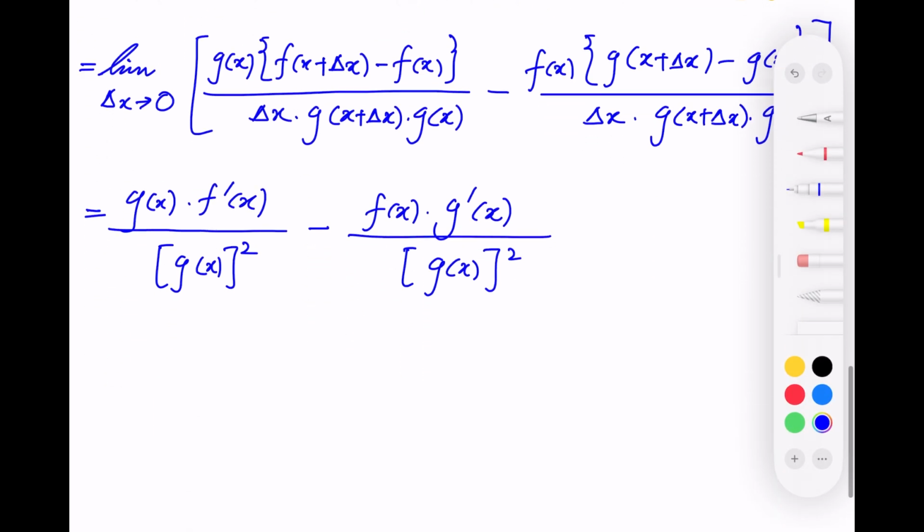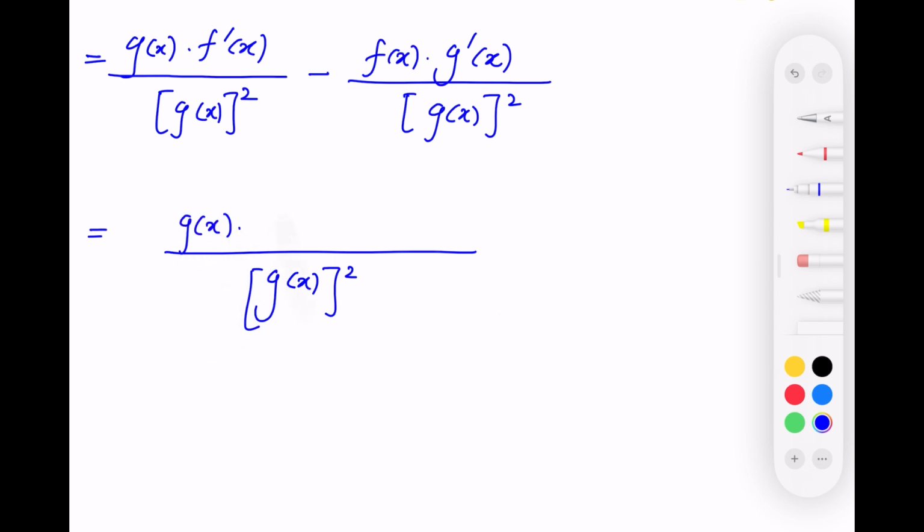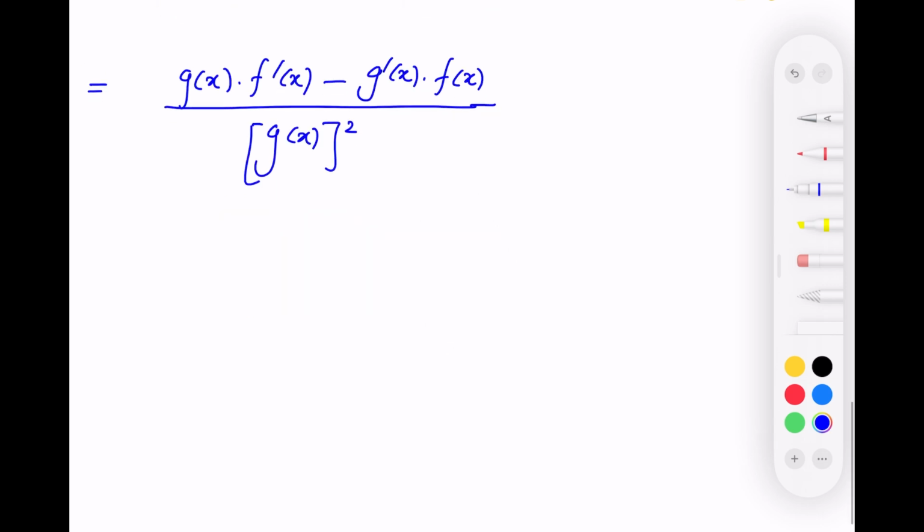This actually completes our proof because we have the same denominator. We can write it as just g of x everything squared as one denominator, and then the first term is g of x times f prime x minus the second term, g prime x times f of x. In short, we wrote it down this way.